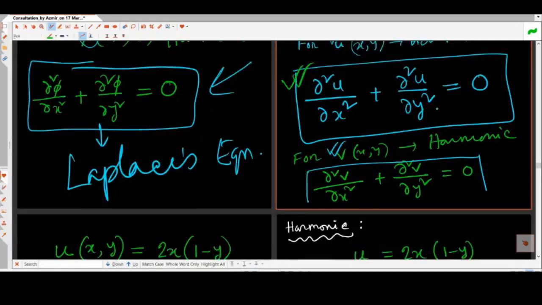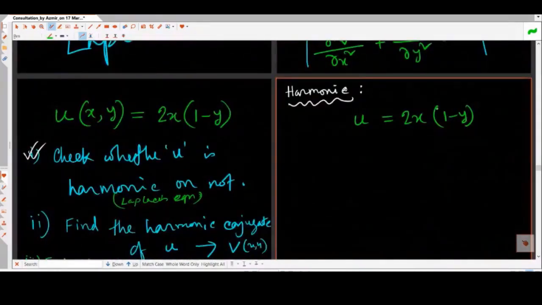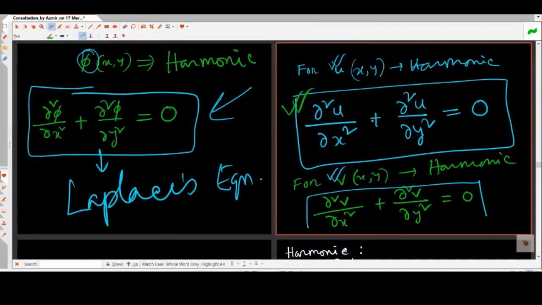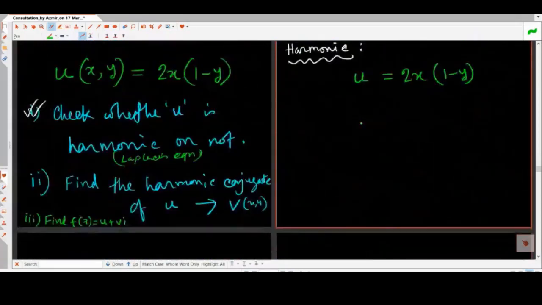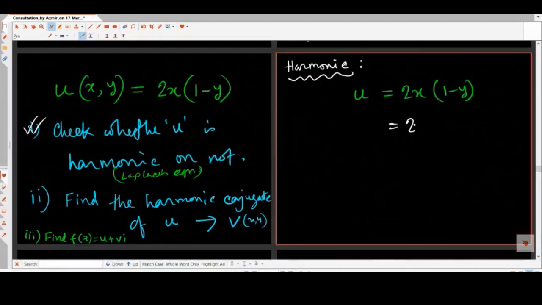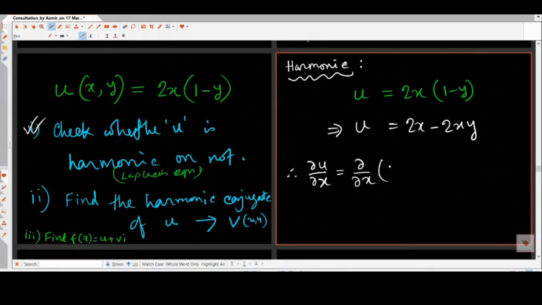So that means at first we need to find the first order, then the second order derivative. Before this, we can simplify our function u. It is 2x minus 2xy. So first of all, we are differentiating u in terms of x. Again, partial derivative is being applied. So d/dx of 2x minus 2xy.